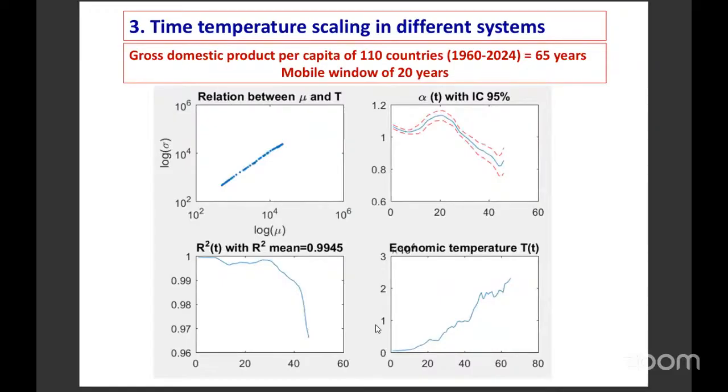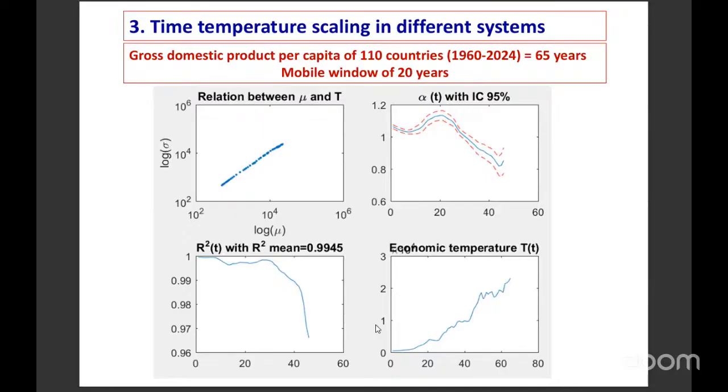What is the difference? Here we are considering the gross domestic product of 180 countries, starting in 1960, and the last case is 2024.